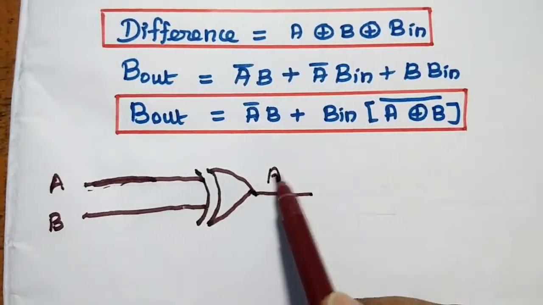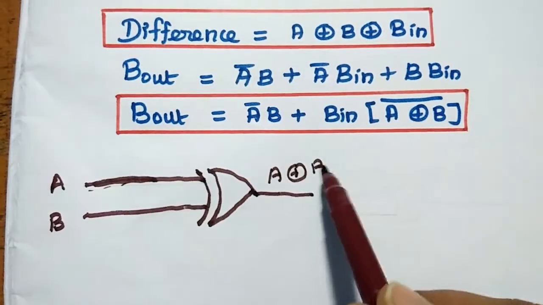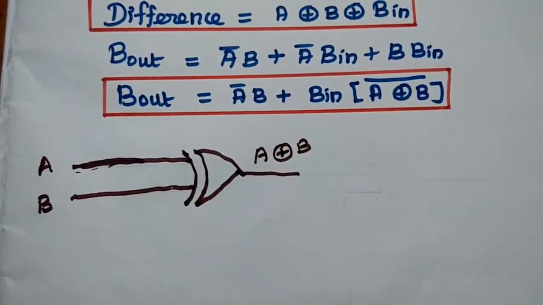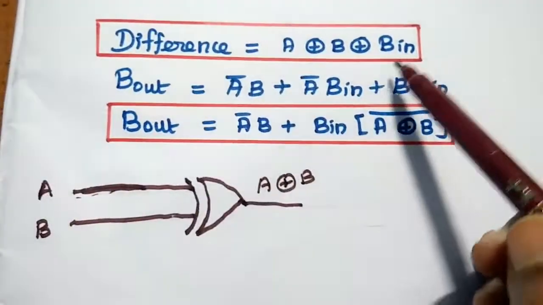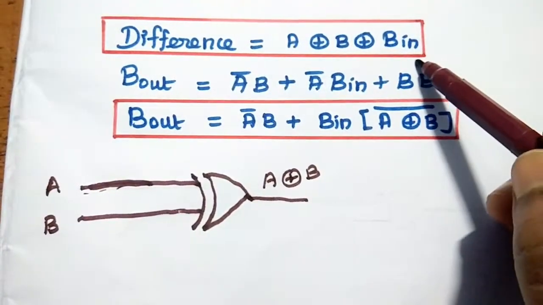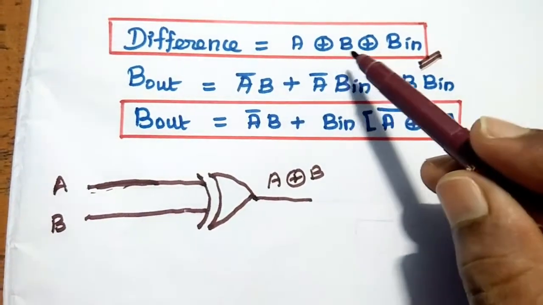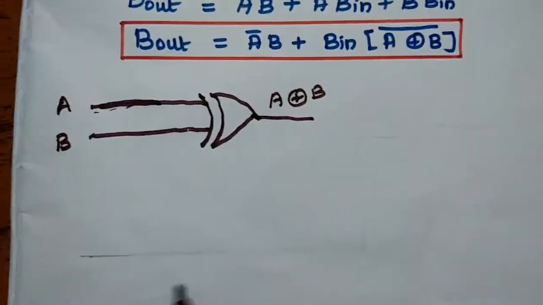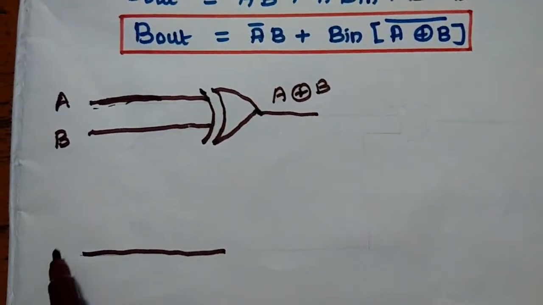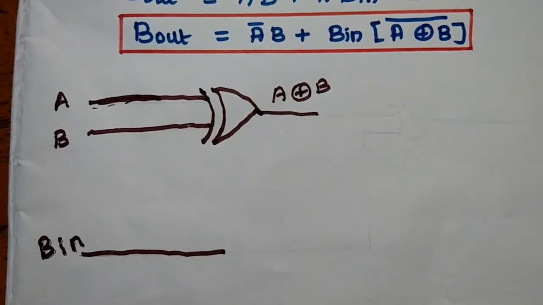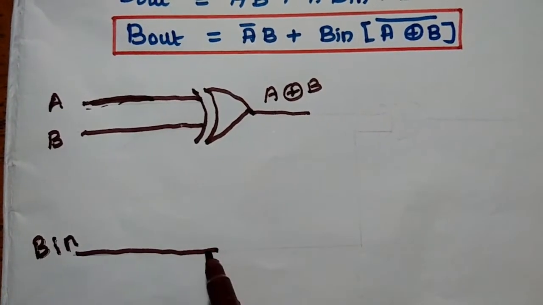Here we can obtain the XOR value. Here we need one more XOR gate to obtain the XOR of A, B and B in. So consider there is the third input for this full subtractor.